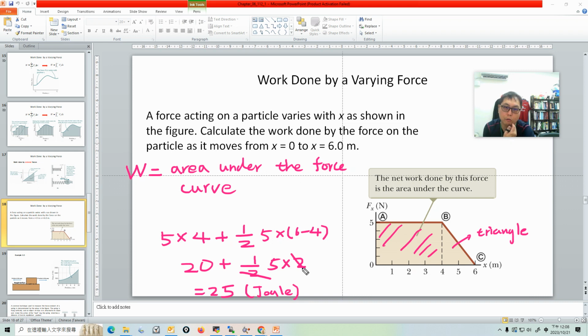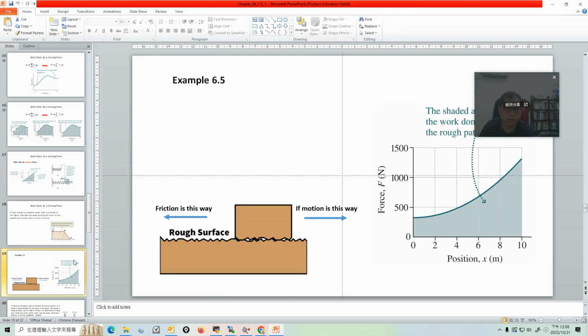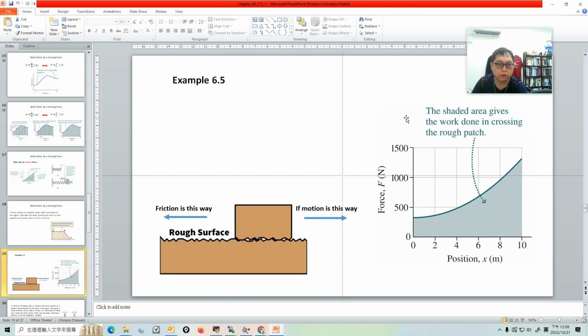I believe I have one homework very similar to this problem. Because the shape of the curve is very simple, you can use this concept to calculate the work done by a variant force. But for the next example, from the textbook, example 6.5, it's very difficult to just calculate the area under the curve.